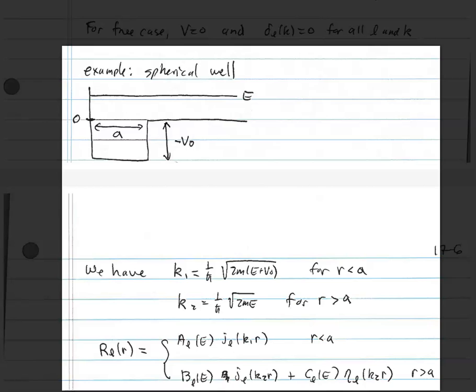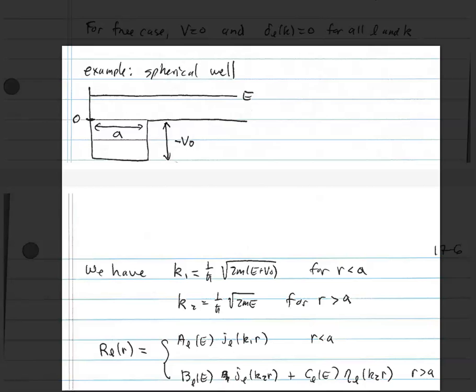And now we have this matching condition. We just write our R_L of r as A_L of E, j_L of k1 r for r less than a, and then B_L of E, j_L of k2 r, plus C_L of E, eta_L of k2 r for r greater than a. If you remember, when we work with a spherical particle in a box, there are two possible spherical Bessel functions, the j's and the etas.